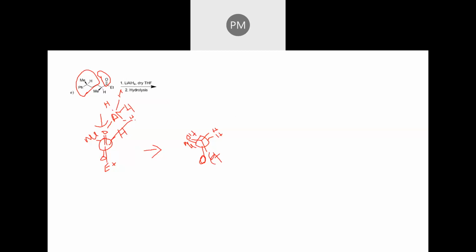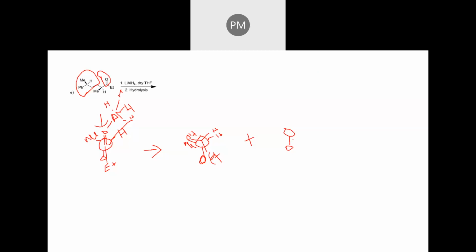And if we go to the next route, where that hydride will be attacked from this side, it will look like this. So then our product will be like this way.